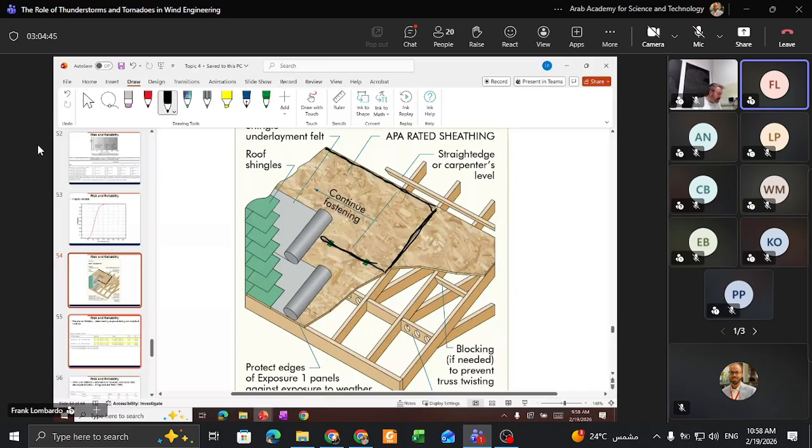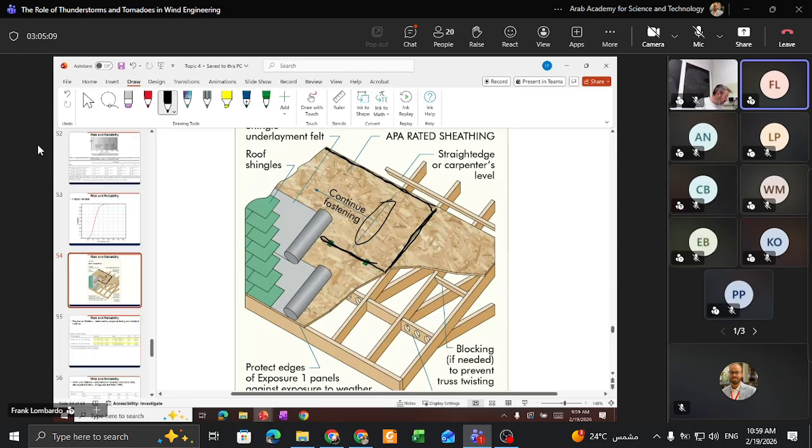It's nailed, and you can see in this image that it's nailed to the truss. And those spacings determine whether it's on the edge or on the interior of the wall. So that's how it's nailed down. This is going to be the focus of our work. So this is our roof panel.